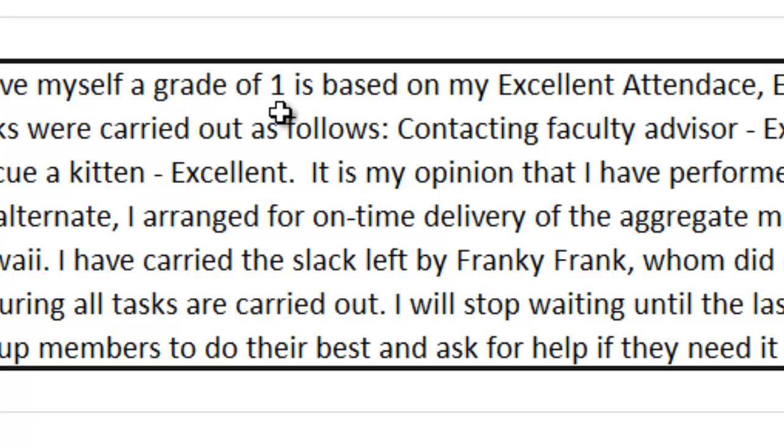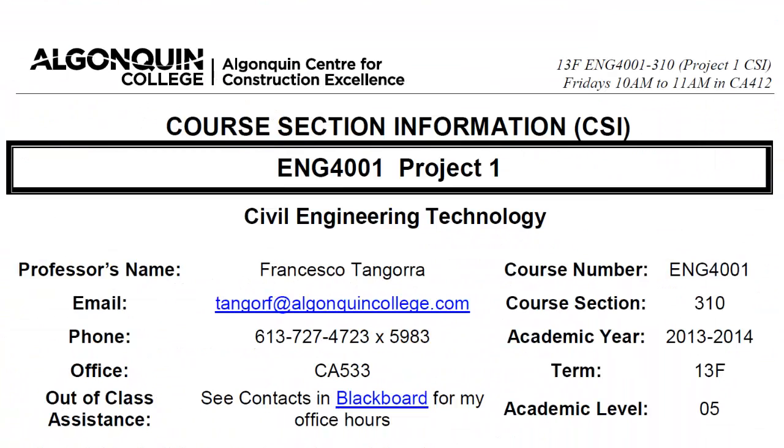Excellent. Now, this is where your email program and possibly your CSI come into play. First, I go to the CSI to find my professor's email address. Here, I'm faced with two options.